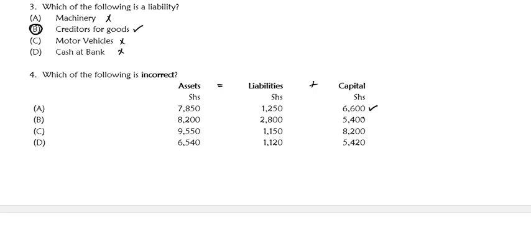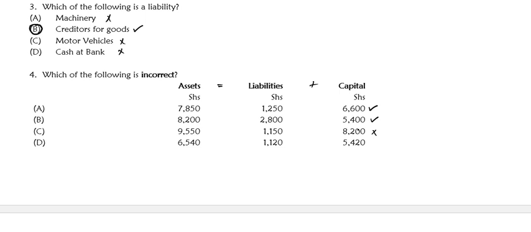Then option B, when you add the liabilities of 2,800 plus 5,400, you get 8,200. Yes, you get 8,200. Option C, 1,150 liabilities plus 8,200, you get 9,550? No, here you get 9,250. That is wrong.